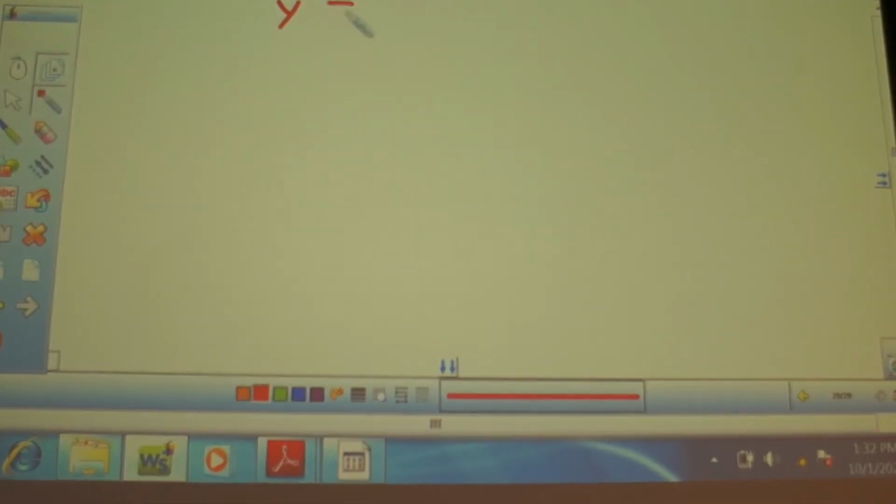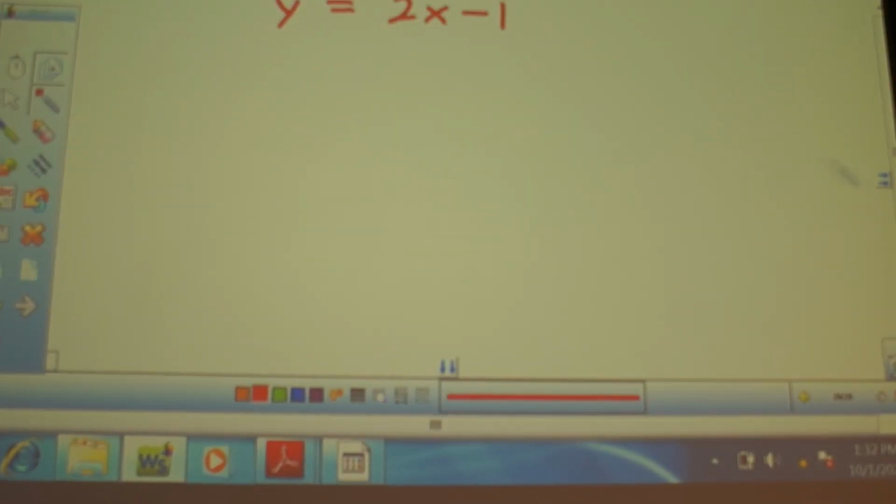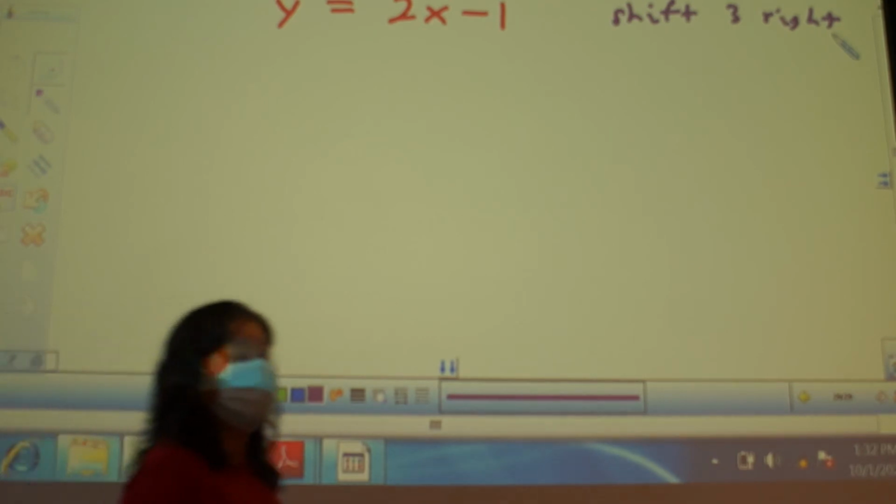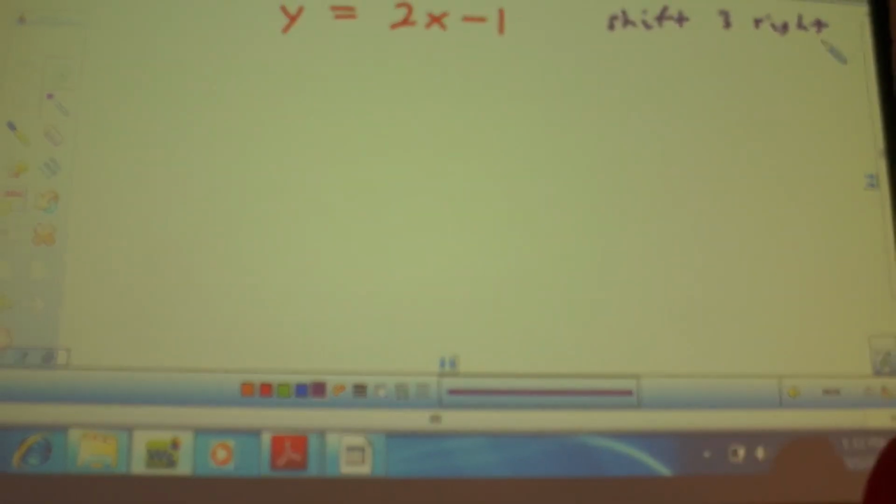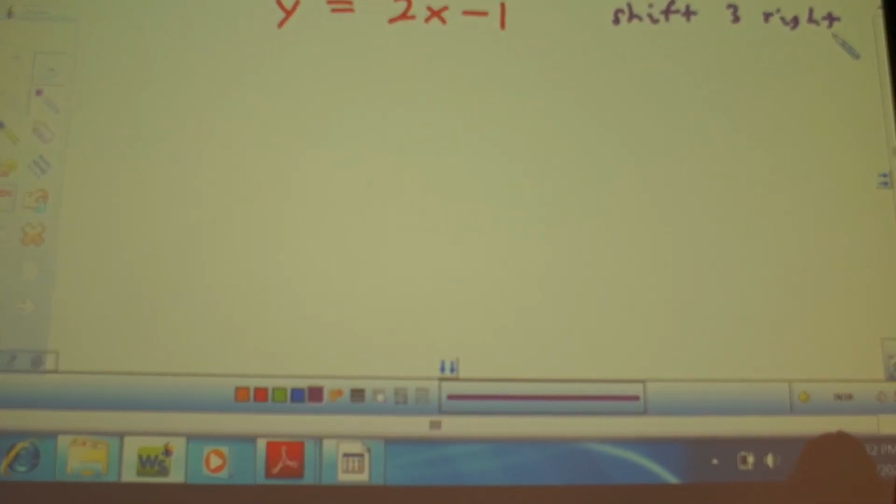So y equals, say, 2x minus 1. And I want to shift, I don't know, 3 to the right. With the y, it's easy because I can just make y 3 larger.